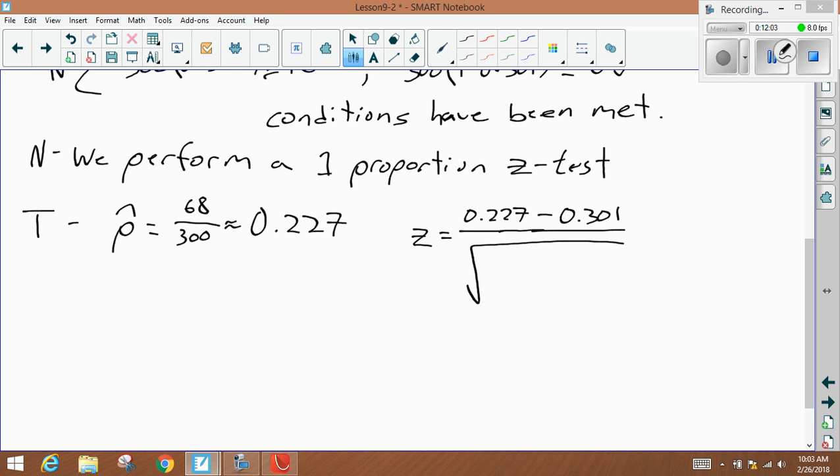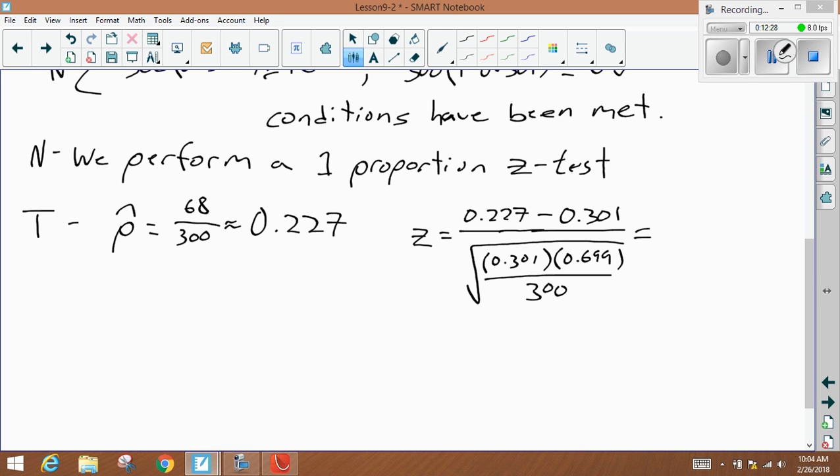It does indeed make sense. 0.301 times 1 minus that, which is 0.699, all divided by 300.